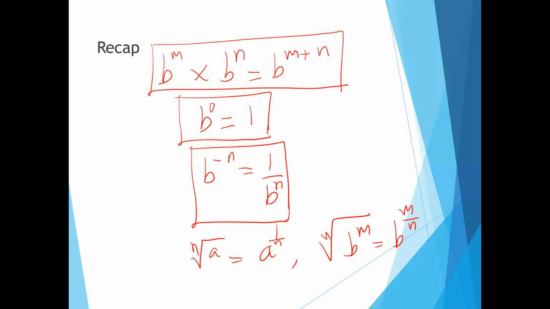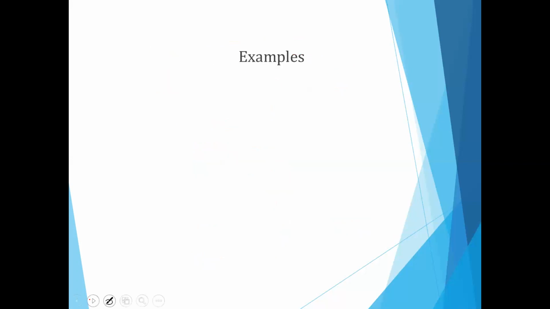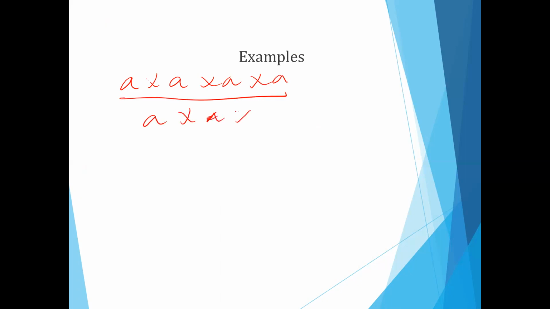So with this one being the first law of indices, we'll then move on to the second law. Before we write the general concept, let's look at this. a times a times a times a over a times a times a.